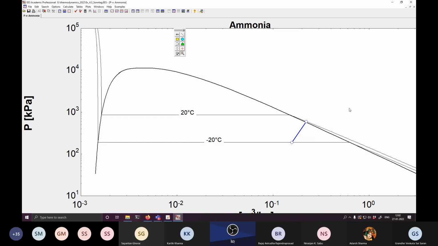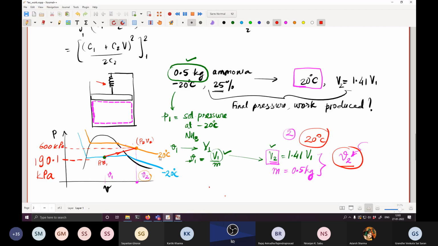You must be able to do it using anything. Even if I give you a chart paper, you should be able to. This problem is very easily done using a property chart. If someone gave me this table, I can do this problem on this table as well, on this chart as well, this property plot as well. No problem. But this logic should be clear.